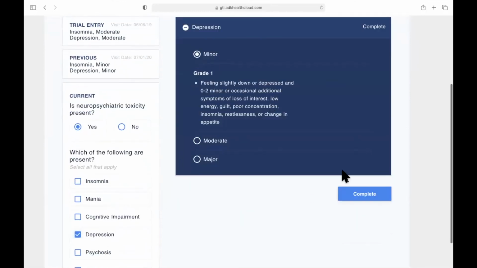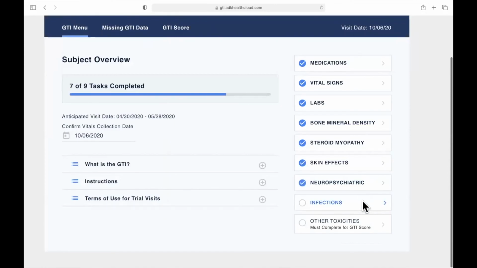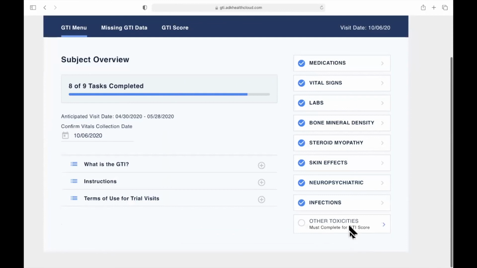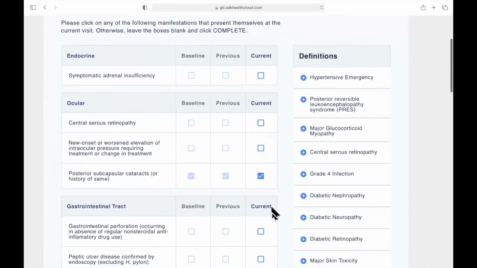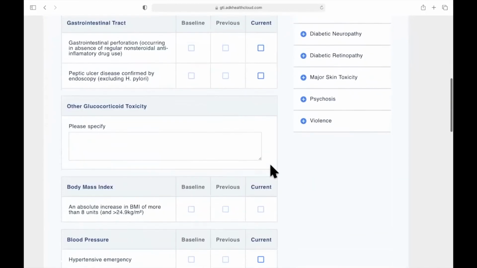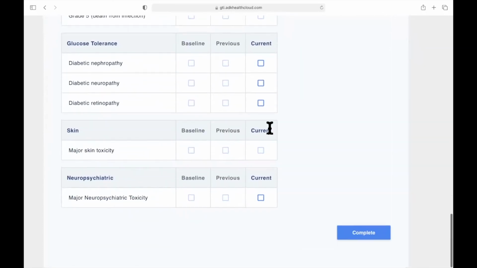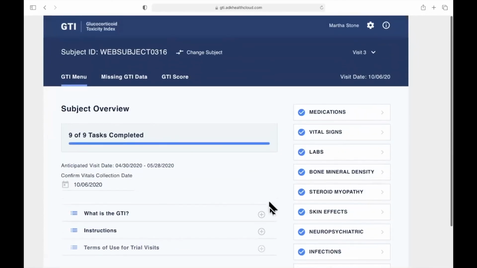There have also been no infections between week 13 and week 26. And now we just scroll down the other toxicity to complete and make sure that there has not been other elements of steroid toxicity that would be recorded in the specific list. They're not. And we can go now to the GTI score.